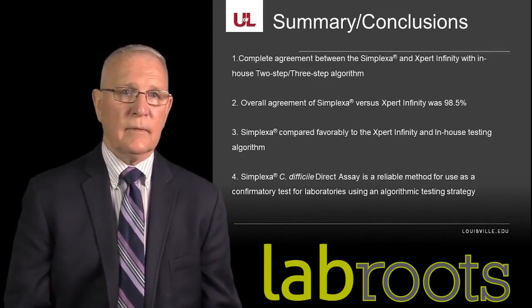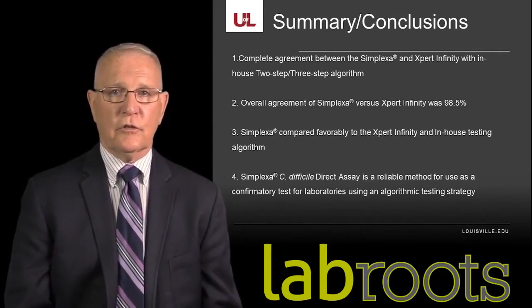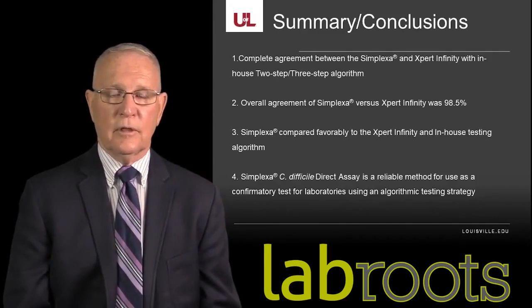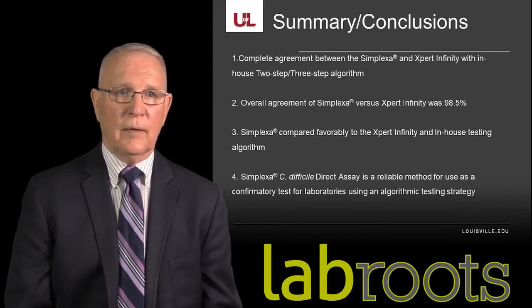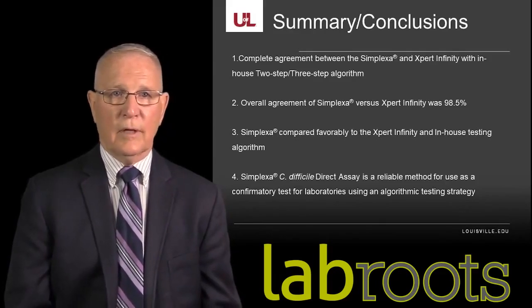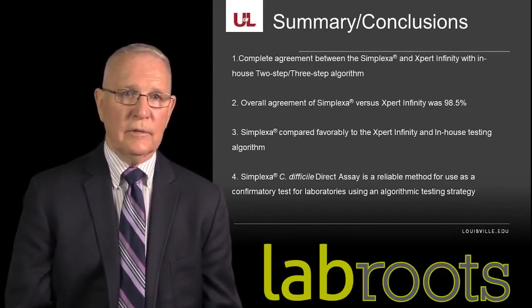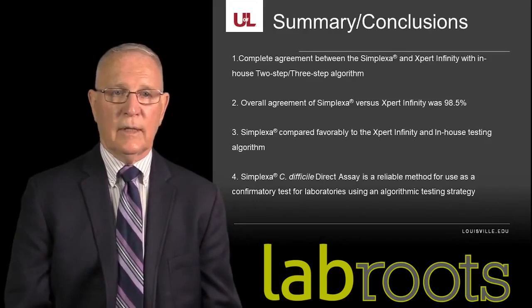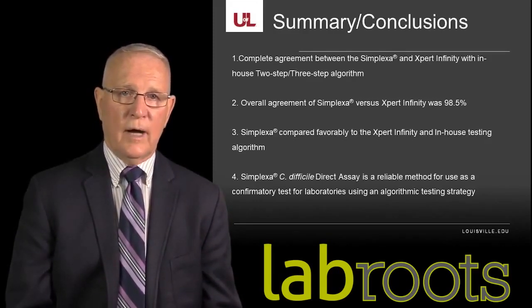Excellent data. And overall, we think that the DiaSorin system or technology would integrate very well with an algorithmic testing format such as the one that we use in our laboratory. So overall, it's a reliable method. We would use it as a confirmatory test only. And once again, the algorithmic testing strategy is what we follow.